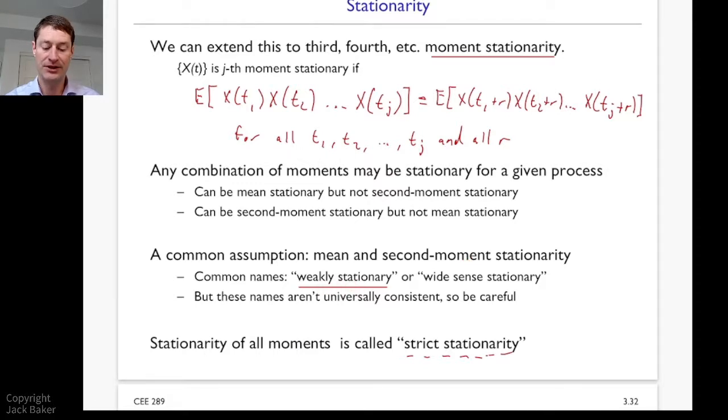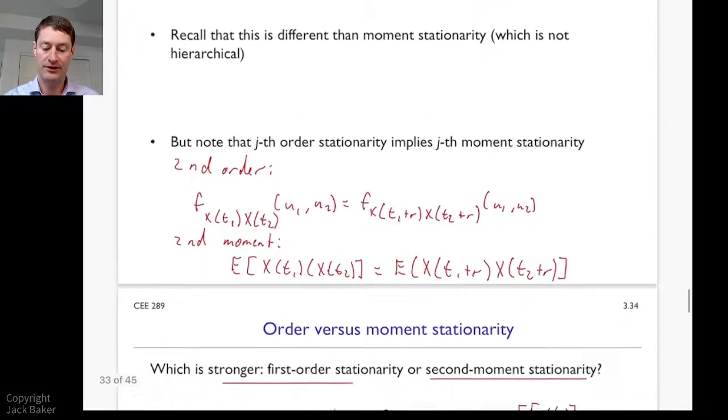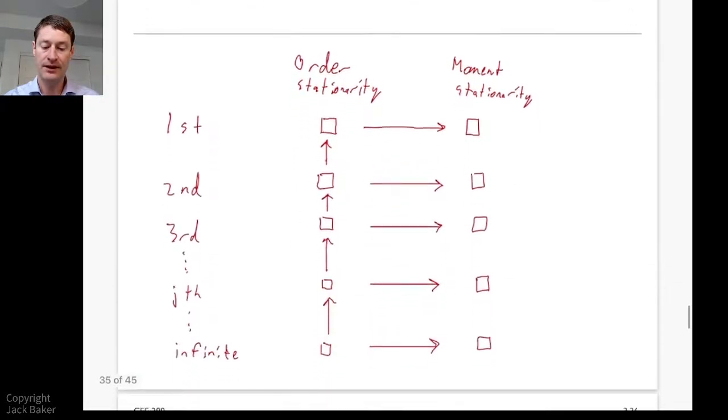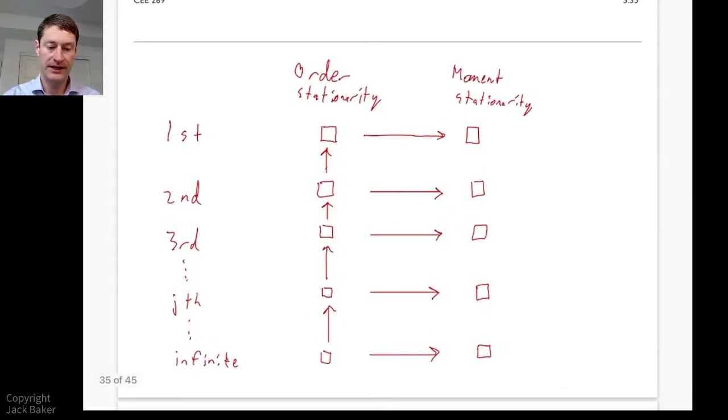And then if all moments are stationary, we have strict stationarity. So let's draw those on. If I've got the condition that the first and second moments are stationary, this blue box here, if I can check all the boxes in here, I have a weakly stationary process.